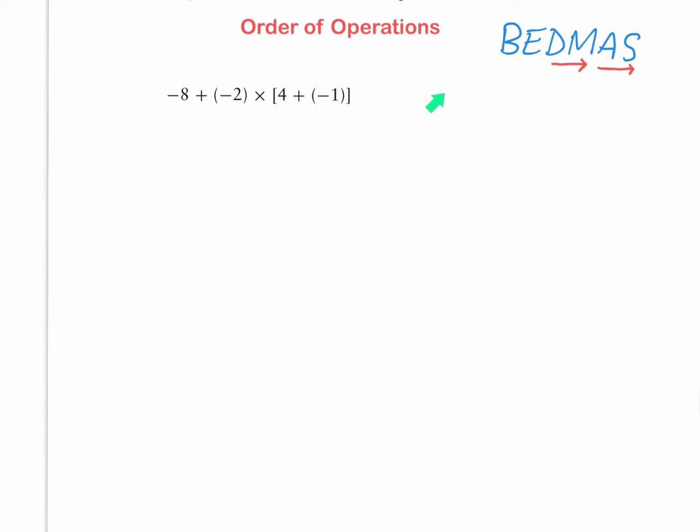In BEDMAS, BEDMAS says deal with the brackets first. So in this expression, I'm going to deal with this set here because they're in the brackets. So I'm going to go 4 plus negative 1, which is the same thing as positive 3. Rewrite everything where it was.